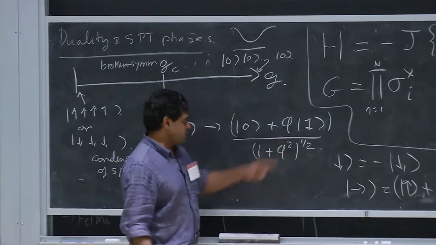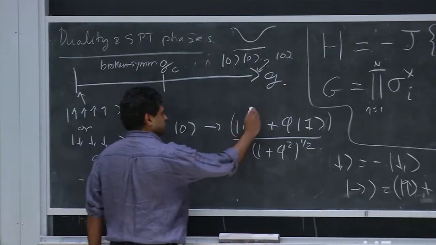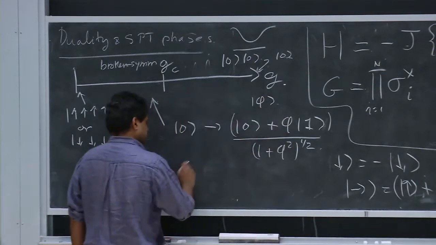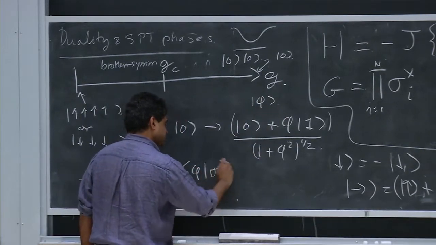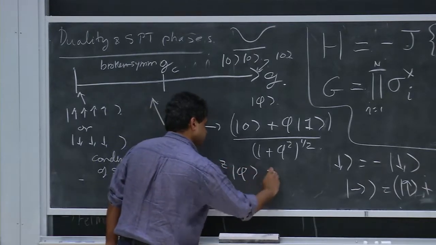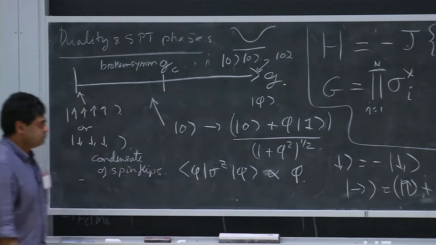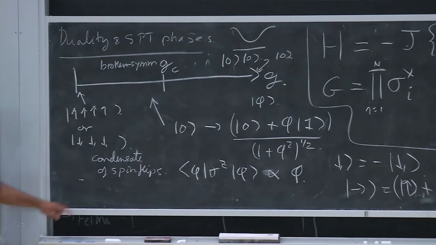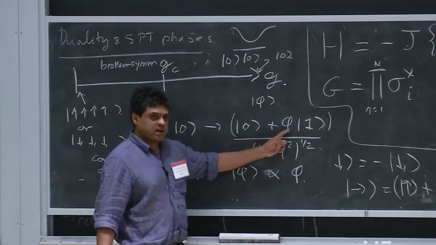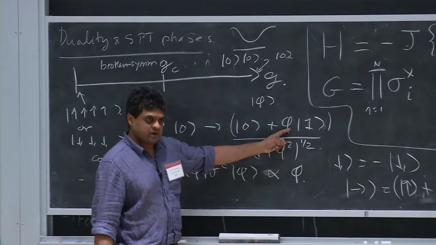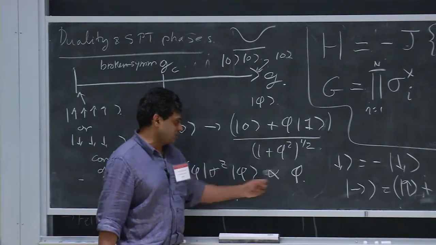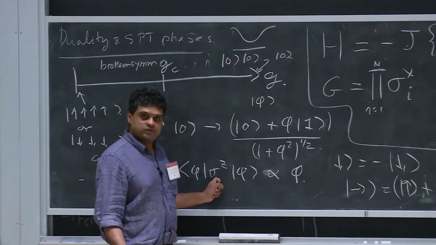So if you ask what is the expectation value of this state, let me call it phi. If I look at the expectation value of sigma Z in this state, this is proportional to phi itself. So when I pick a phi, I either pick it to be positive or negative number. You end up choosing sigma Z to be either up or down on average.